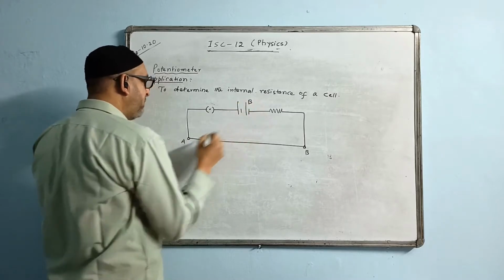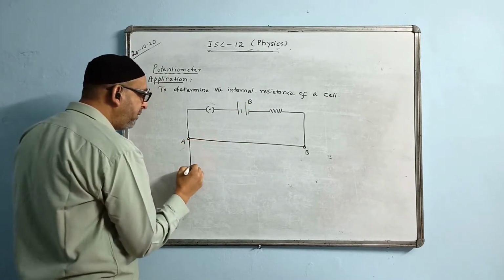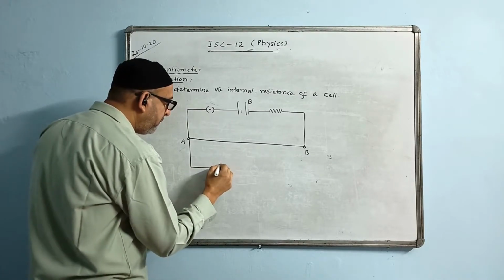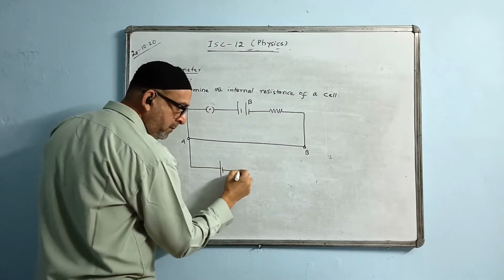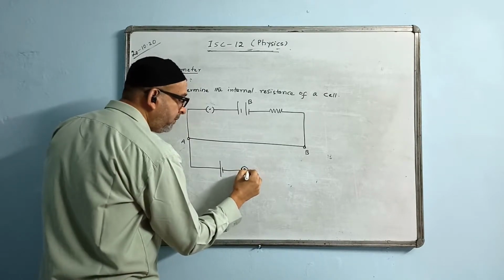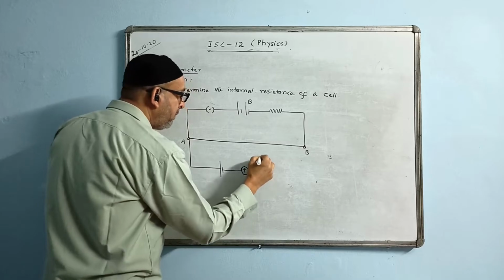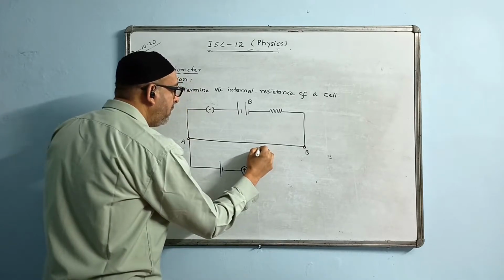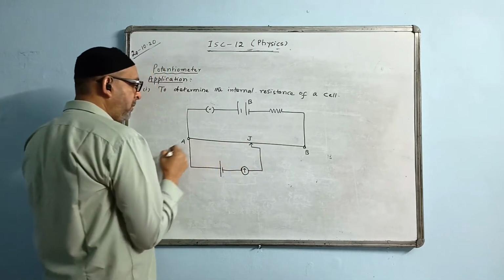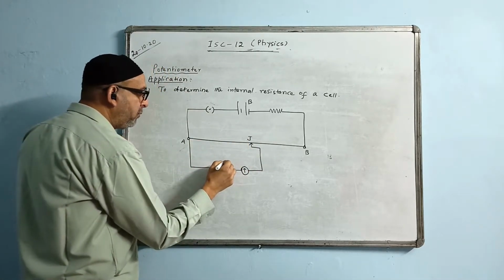This is the driver cell, and here now we will be having a cell like before. We are having a cell and a galvanometer is here. Okay, first you can understand what is happening.